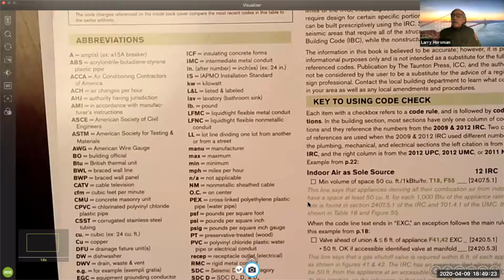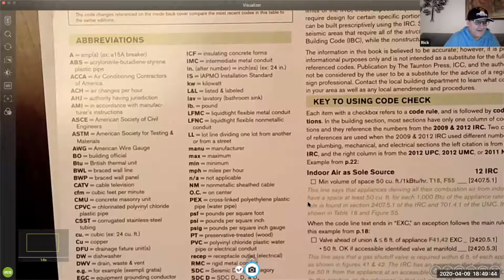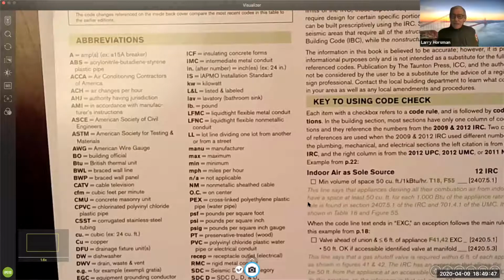So A, they say is amps. ABS, we will be talking a little bit about it. That's the black plastic pipe that you see for sewer, drain, waste and vent. So I guess I should ask you to spell that. Acrylonitrile butadiene styrene plastic pipe. But normally we just call it ABS because that's easier.